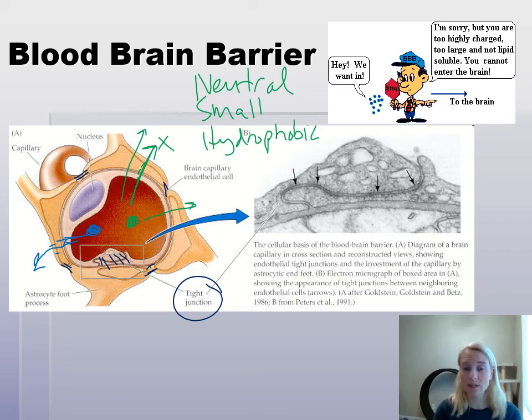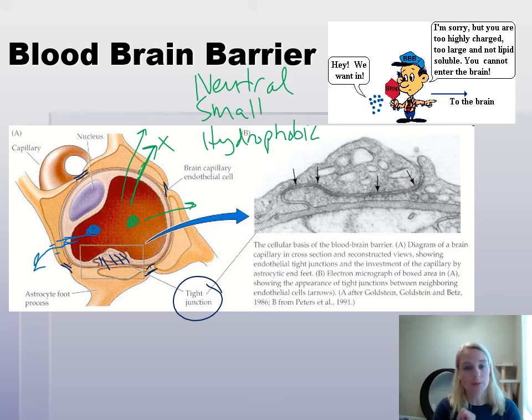That's very important because it helps to regulate the environment around the neurons, because as you learned back in chapter 12, sodium concentrations, calcium concentrations, potassium concentrations, neurotransmitter concentrations, enzyme concentrations, all of those have to be tightly regulated to make sure all of the neurons are functioning just right.